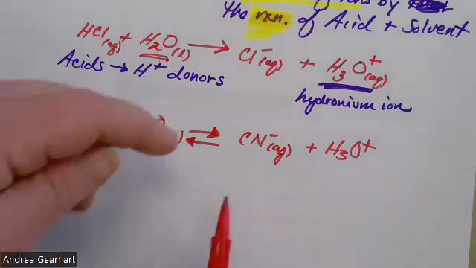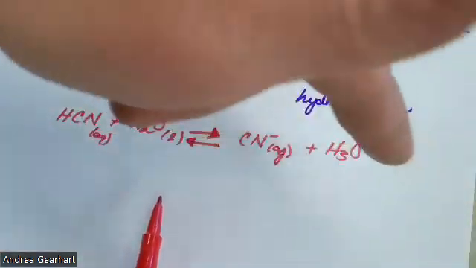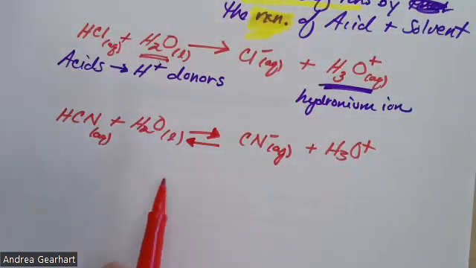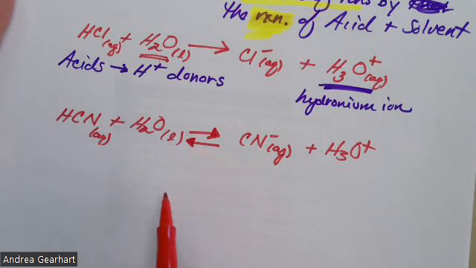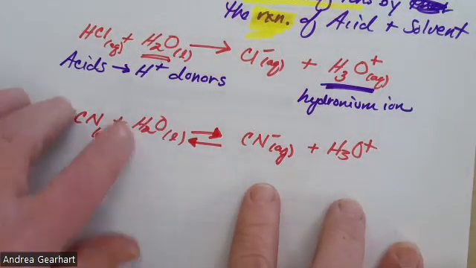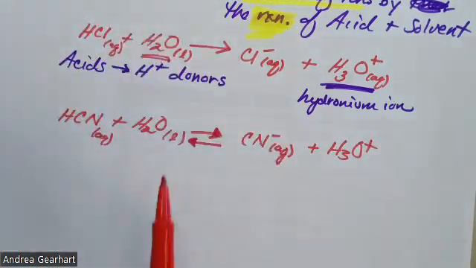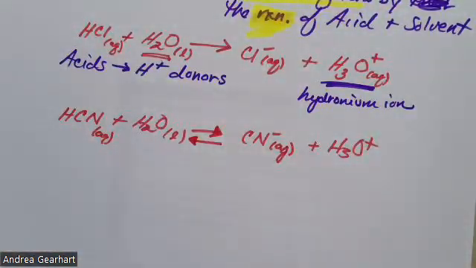In fact, when they're equal arrows going to form products and then products reforming reactant, what do we call that special situation? Equilibrium. Remember, equilibrium does not mean equal amount. It doesn't mean we have the same amount of product and reactant, but it's the same rate of change. So if we have 3 reactant becoming product, then we have 3 product becoming reactant.